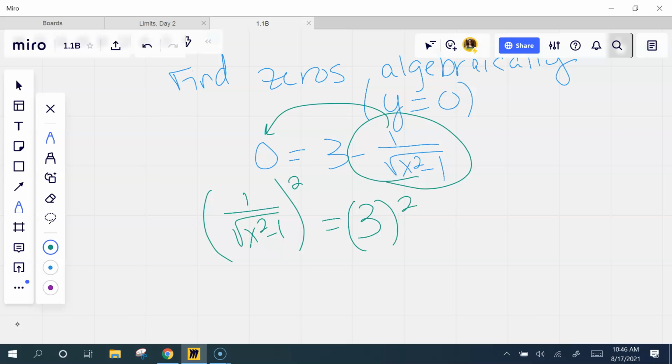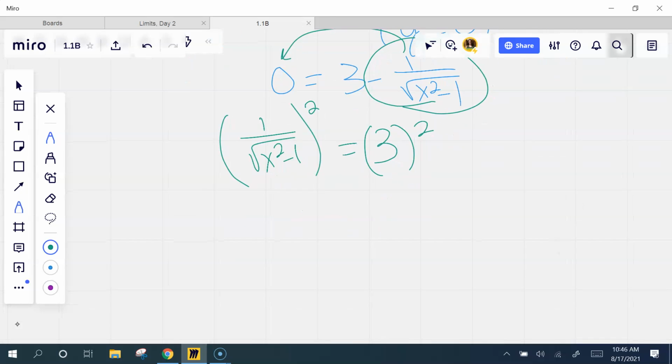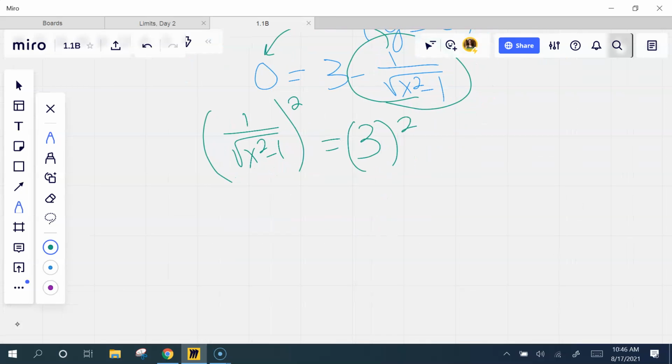I'm going to square both sides. Now that I've got that radical piece by itself, I need to get rid of it. I need to square it. So I end up with 1 over x squared minus 1 equals 9.